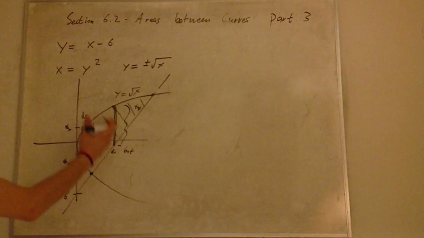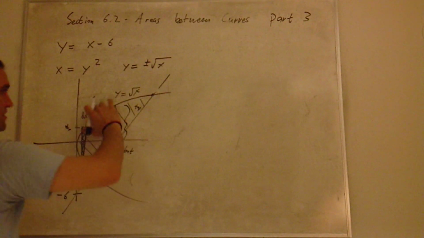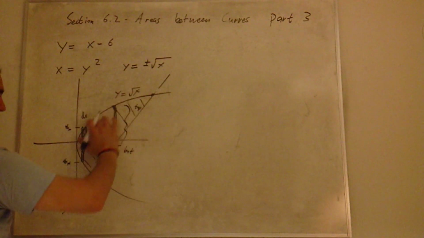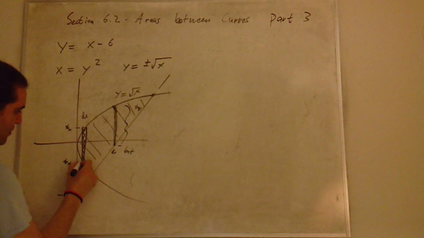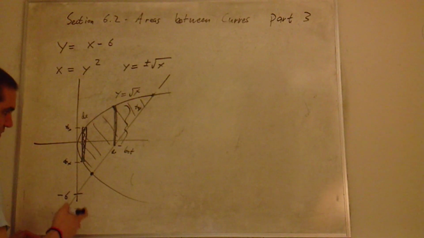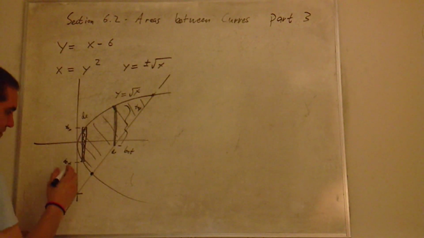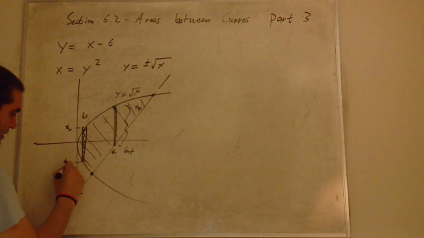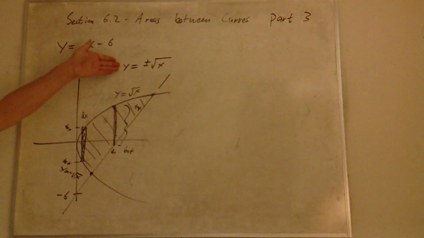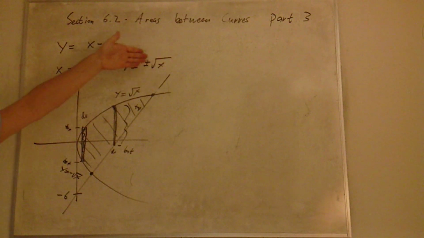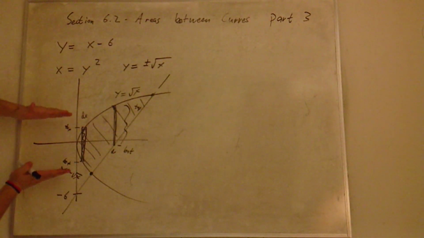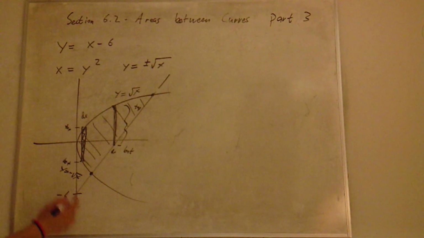On the left half of this area, the top function is the parabola, y equals square root x. The bottom function over here is also the parabola. This straight line is not involved with the left half of this function. Over here, the bottom is y equals negative square root x. We said that y equals plus or minus root x, so here's the top half, here's the bottom half. That's your top and bottom function for part of this.